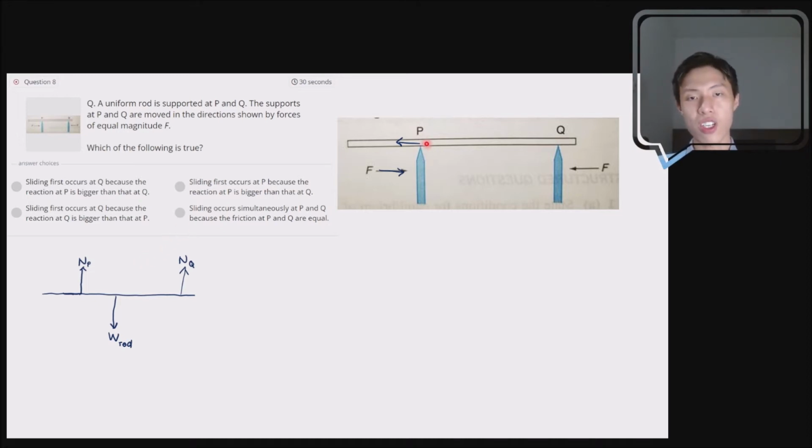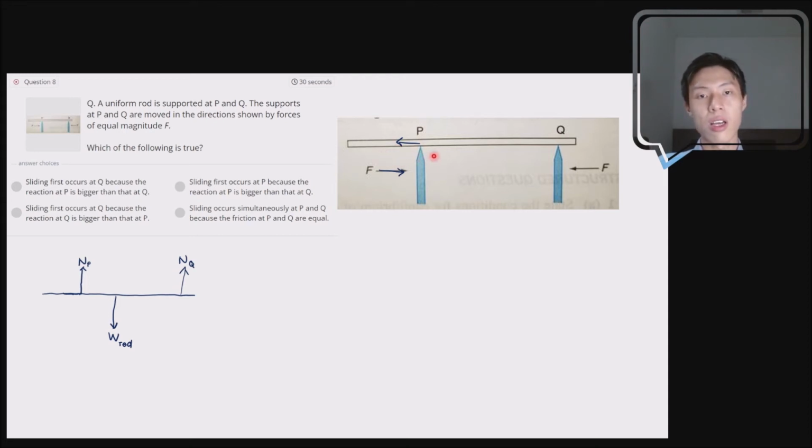The friction is irrelevant over here. Okay, the friction experienced at P will be balanced out by the friction experienced at Q. So we don't need to label the friction. The friction is relevant when you talk about this thing over here. This thing over here is experiencing a friction, and the friction is pointing to the left because this force here is there to overcome the friction that is pointing in the opposite direction.